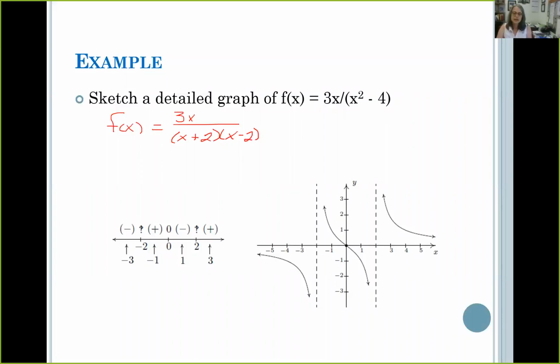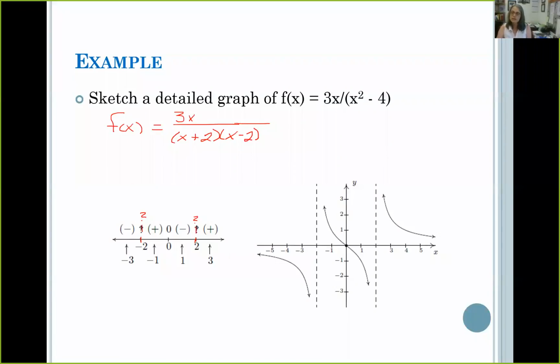Okay, that means that we've got our number line down here, and we've got tick marks at 2 and negative 2 with question marks above those, because those are either holes or they are vertical asymptotes. Now this is fully reduced, so we know that there are going to be vertical asymptotes.